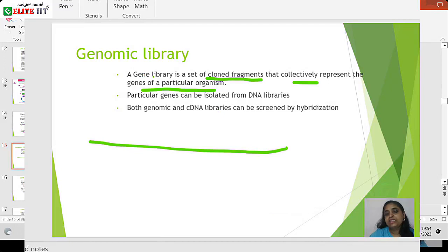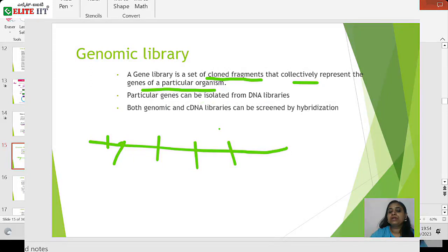So a gene library is a set of cloned fragments. First of all, you have to make fragments, by adding restriction enzymes, and separately you clone all the fragments. Now, particular genes can be isolated from the DNA libraries.